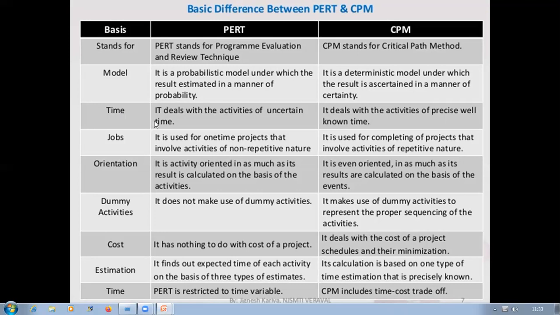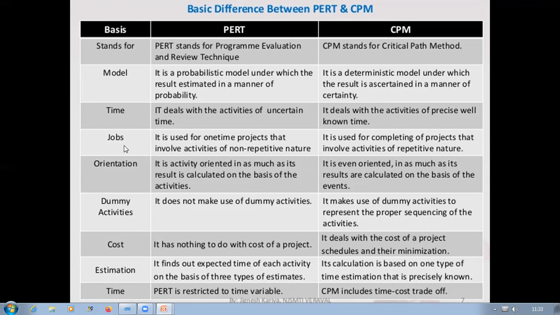Whereas PERT deals with the activities of uncertain time, CPM deals with the activities of precise, well-known time only. Here it deals with the activities which are going to take an exact duration of time.